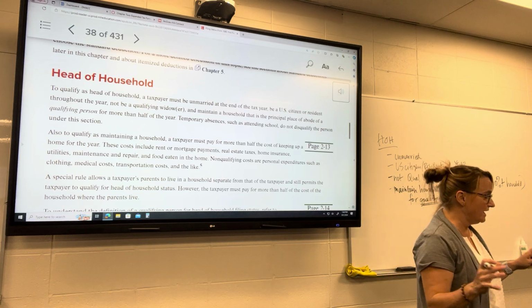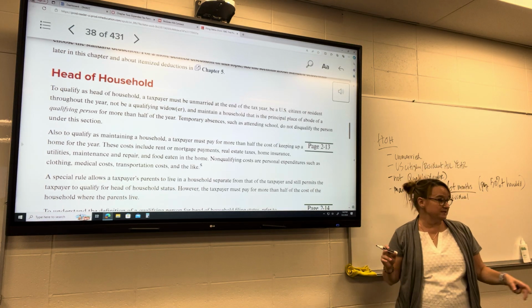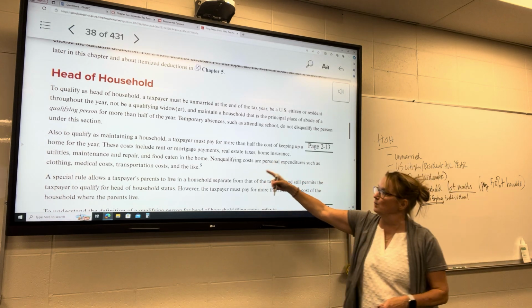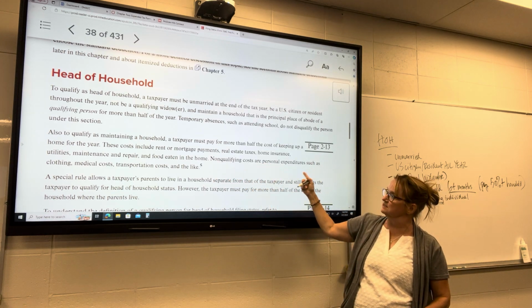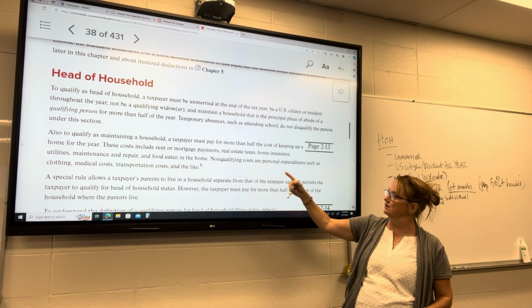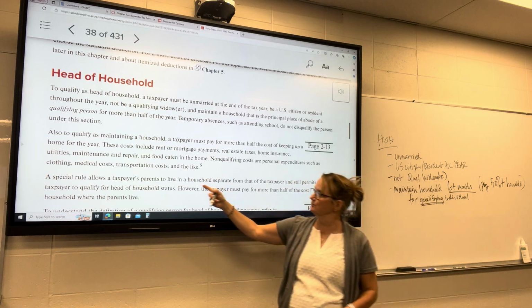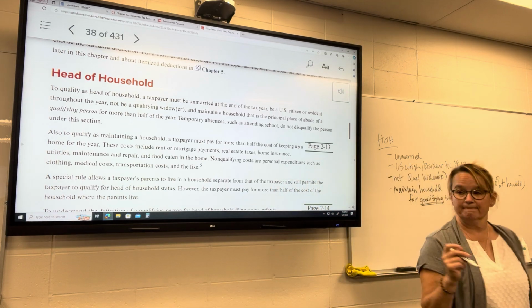Who's actually head of household? Because who is paying for more than 50% of the household? They define here what is included in the cost. So rent, mortgage payments, real estate taxes, insurance, utilities, maintenance, repair, and food. Personal expenditures like clothing, medical costs, and transportation costs are not included in that.